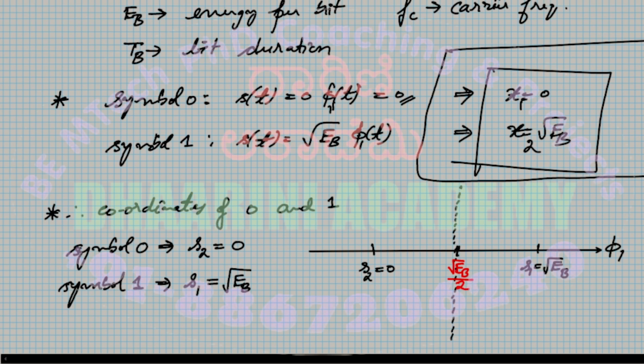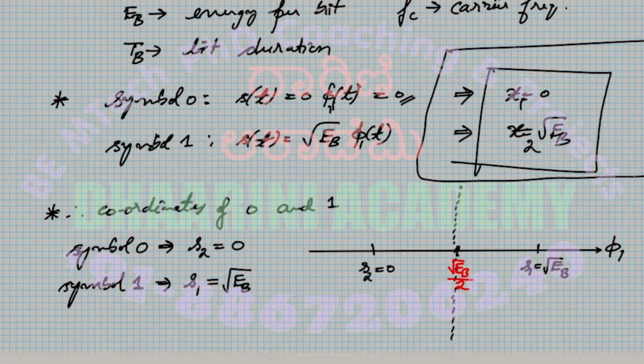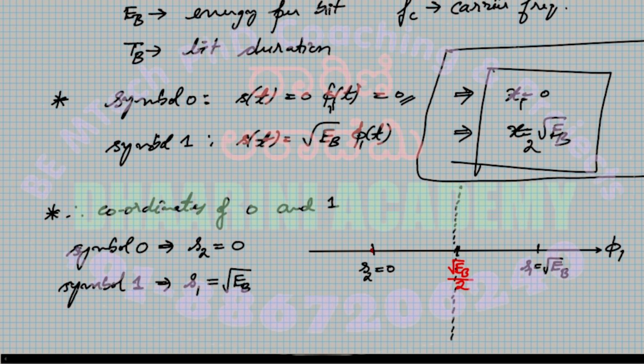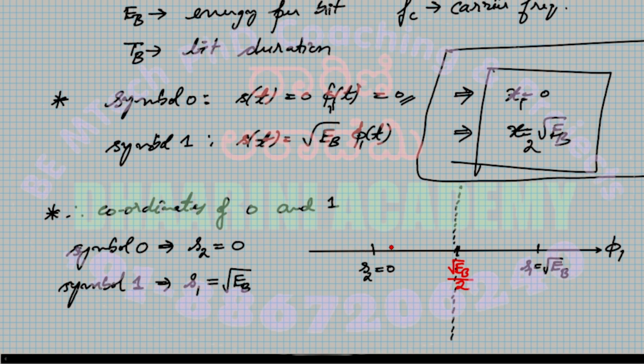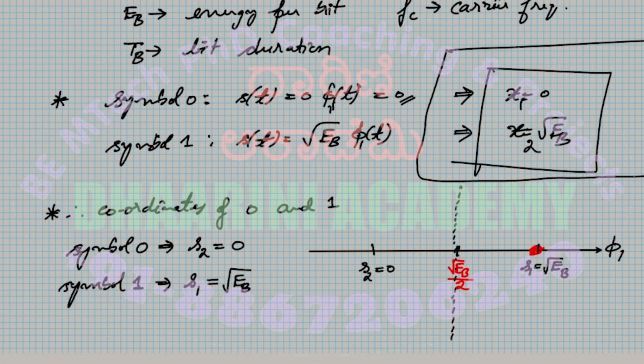Now, I am supposed to send this particular signal. Whenever I want to send 0 from the transmitter, I'll send this particular coordinate, and I will send the value corresponding to this point whenever I'm trying to send symbol 1 from the transmitter.